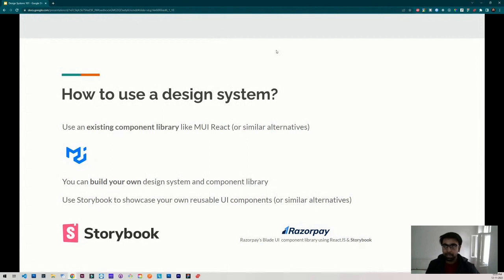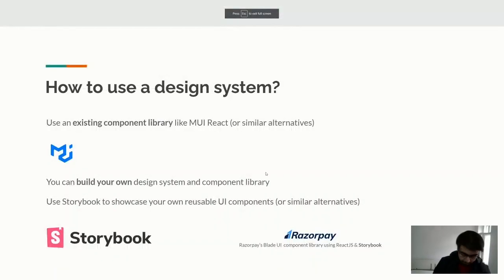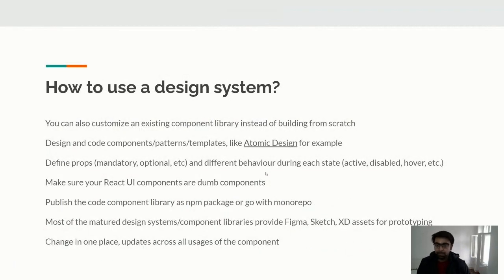Again, coming back, I think we have very little time, and I'll be quick here. When you are using an existing design system, you also get certain assets for Figma, Sketch, or XD that help you in prototyping.